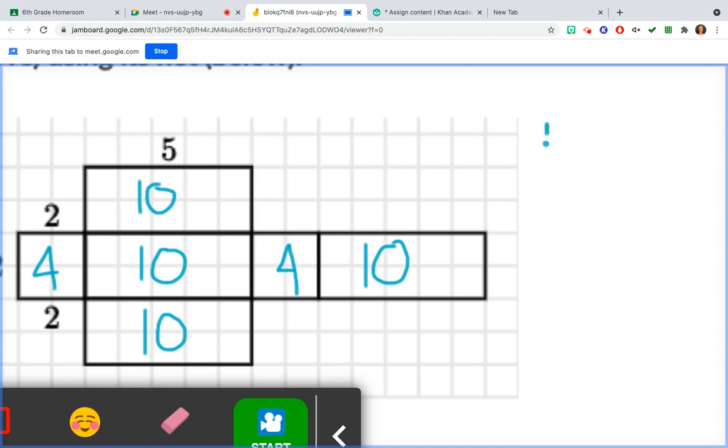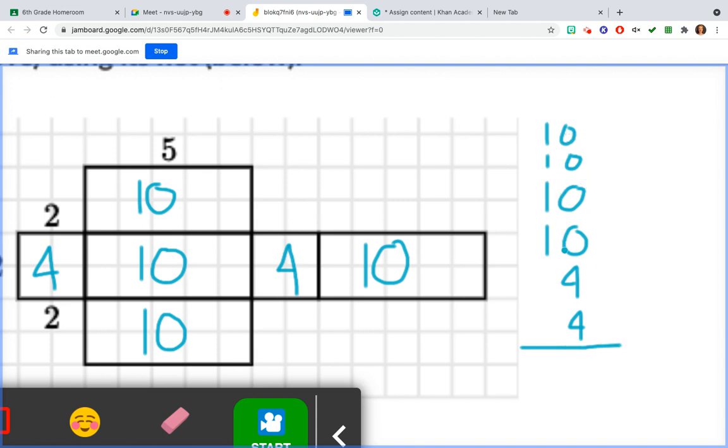Now that we've calculated the areas of all the faces, we're going to add them all up. I think the hardest part about this is just drawing the nets and making sure that you get all your dimensions labeled correctly.